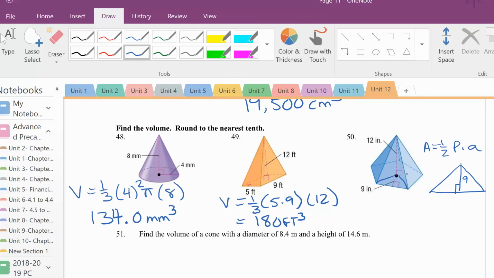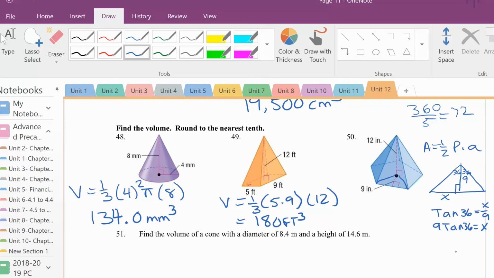Since it's a pentagon, 360 divided by 5 is 72, which means these angles are 36 and 36. So to find this, we do tangent 36 equals x over 9. So 9 times tangent 36 equals x.